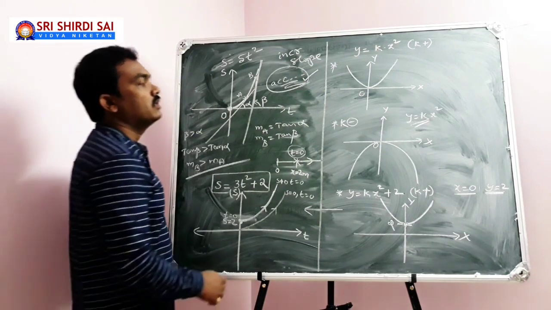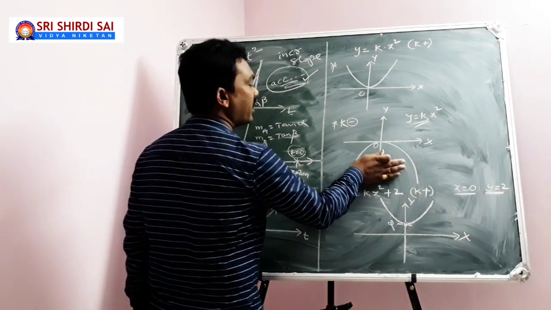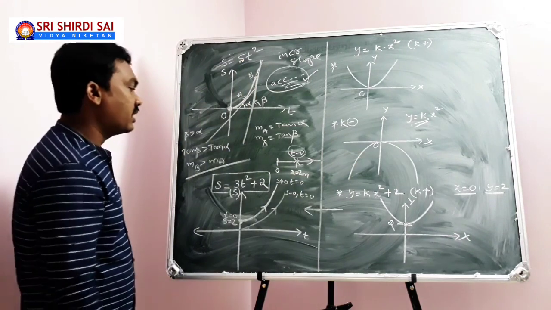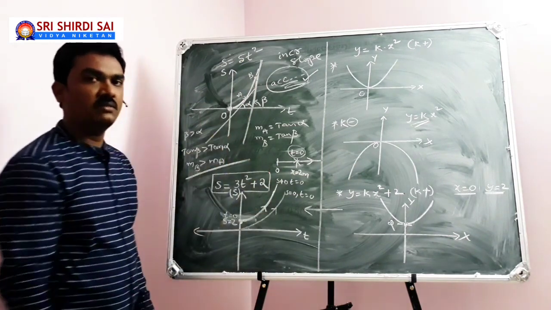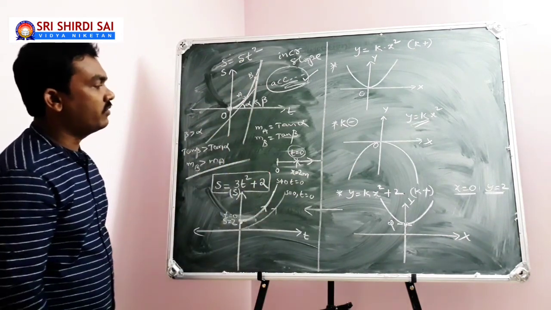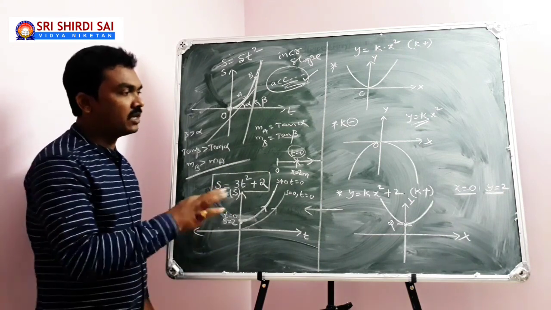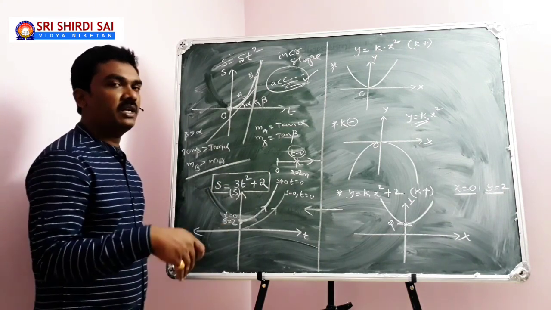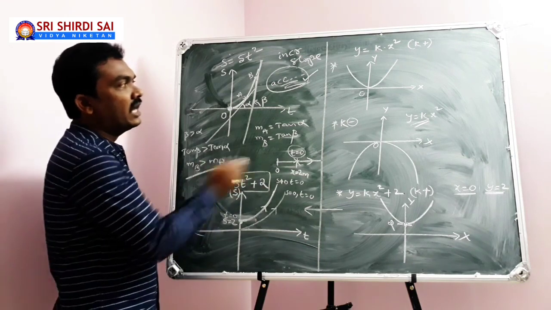So this is how the concept of y equal to k into x square can be connected with physics. Still there is a lot of information to give, but here I don't give you in depth or in detail. Just briefly I tell you.